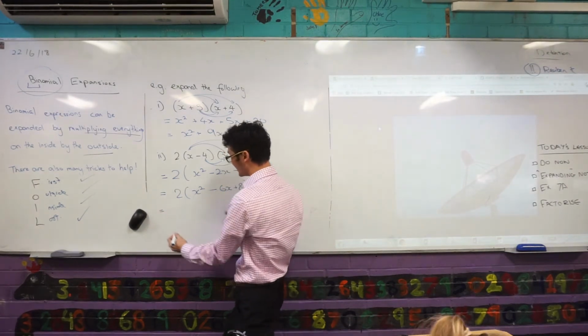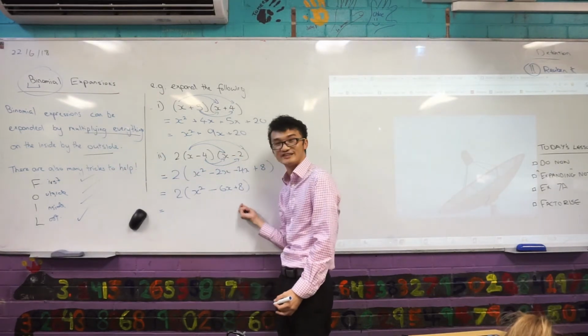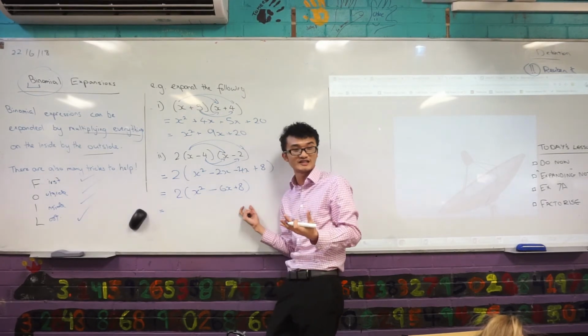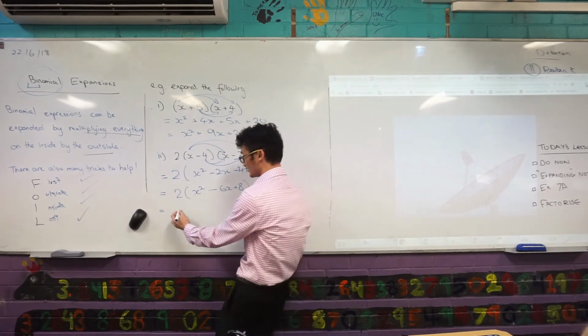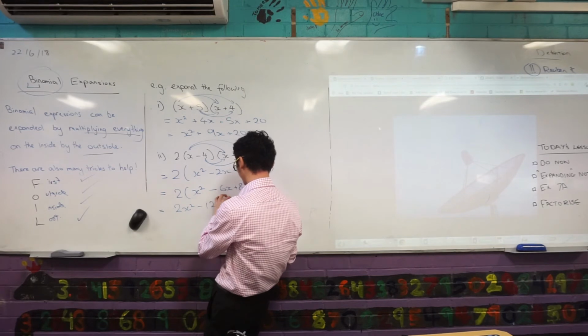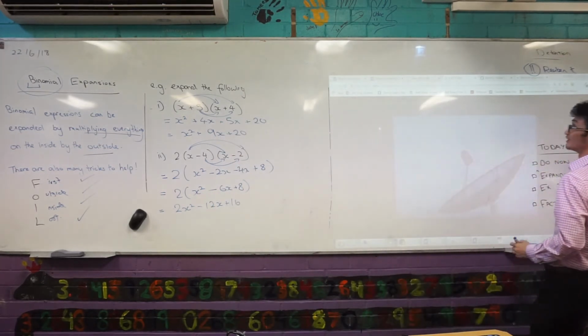And then last but not least, if there's a 2 out the front of this whole thing, remember, expanding just means multiplying everything on the inside by the outside. Even though it looks slightly different, we can always use the same idea. I'm multiplying 2 by everything here, okay? So I'm just going to be left with 2x squared minus 12x plus 16. Easy peasy. Any questions there?